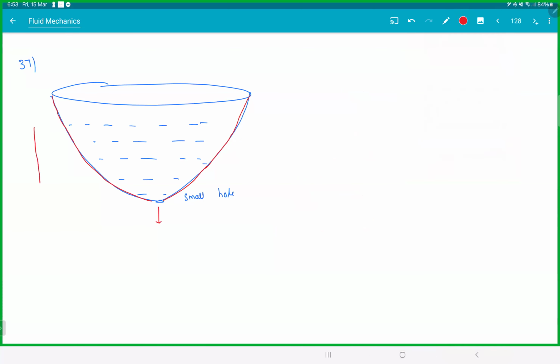Let the height of the liquid be y. Let this point be origin 0, 0. So this liquid here is at x, y. So velocity v will be root 2 gy. It depends only on the height.